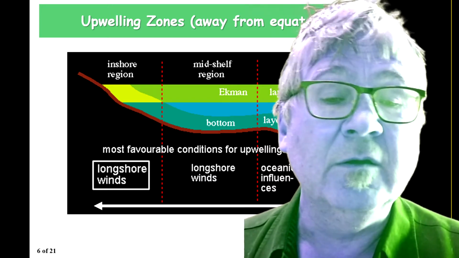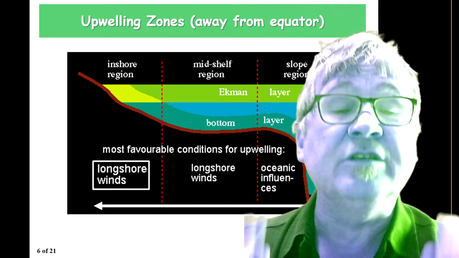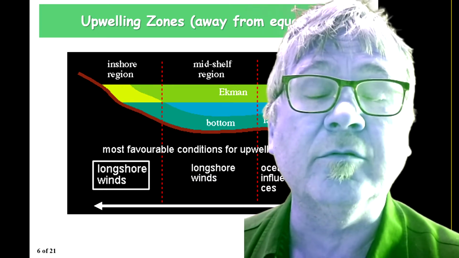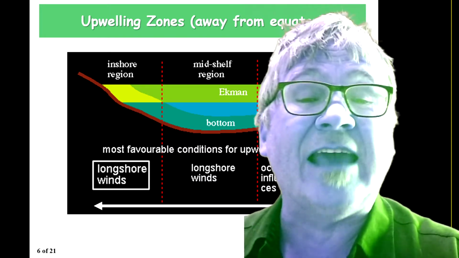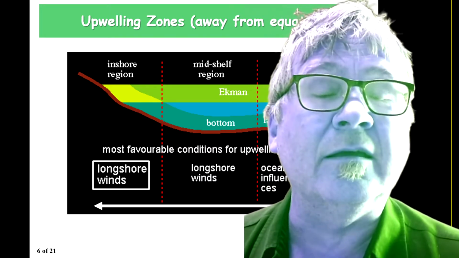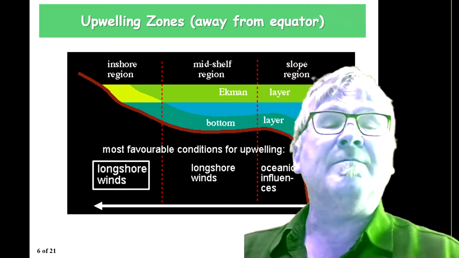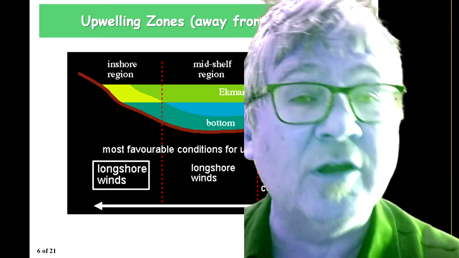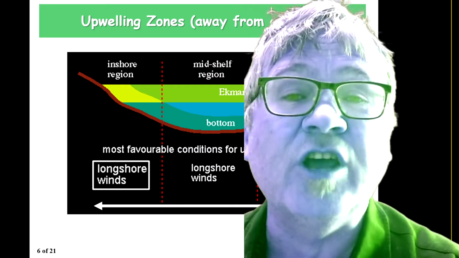Okay, so in the mid-shelf region and also the inshore region, what really matters is the longshore wind component. And you'll see in the next lecture that this is also the upwelling. If you create an upwelling cross-shelf circulation, which means offshore Ekman transport near the surface, onshore Ekman transport near the bottom, this circulation actually reaches into very shallow water.